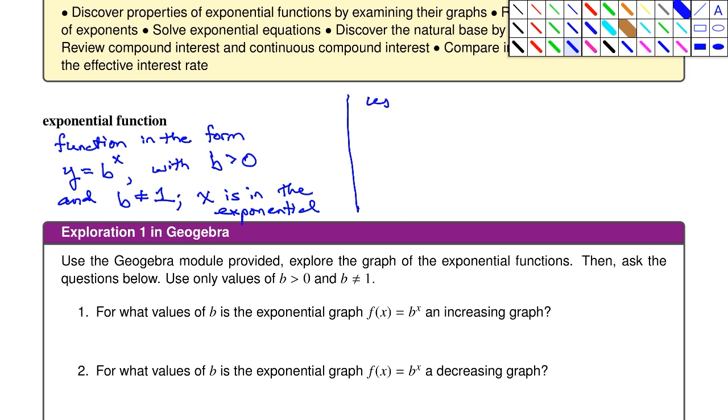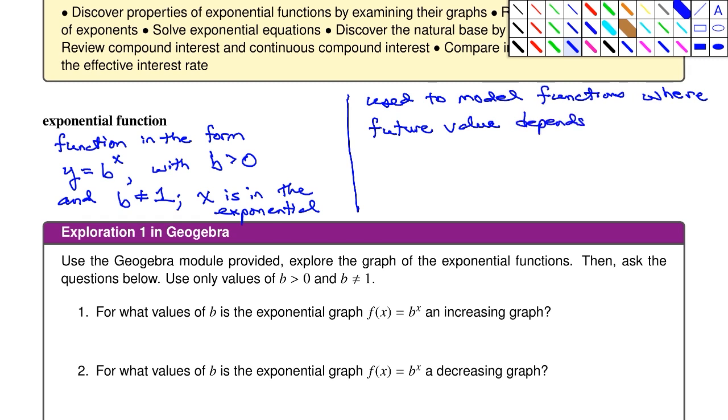Well, the exponential function is used to model functions or situations where future value depends on current value.